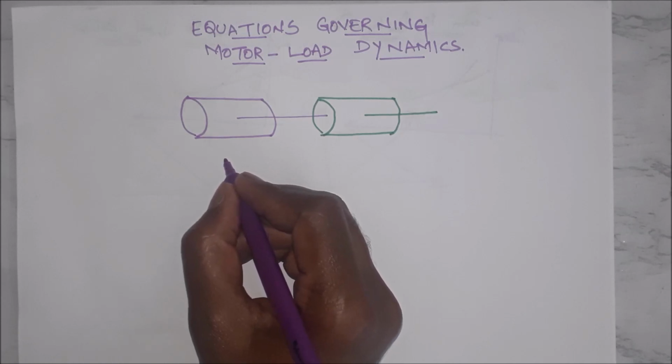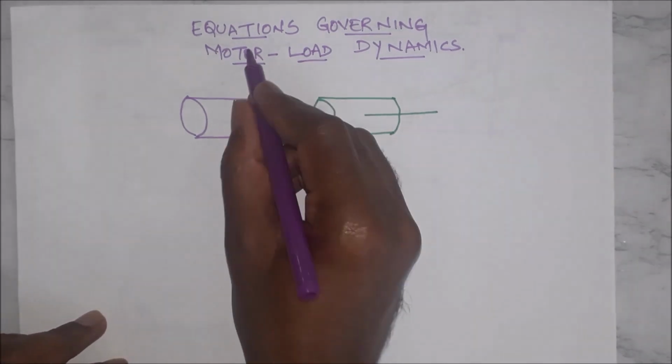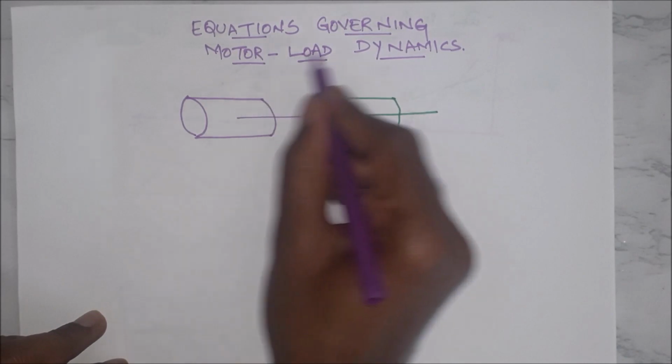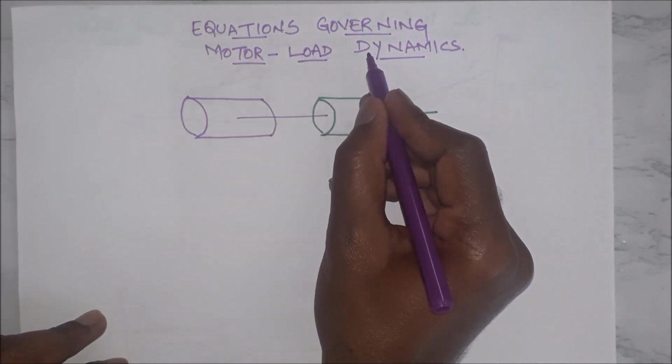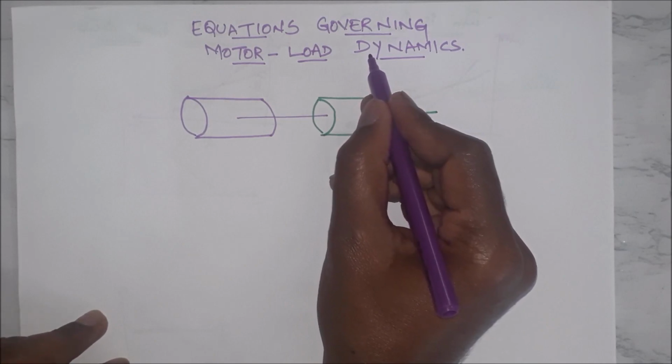In our third session, we discussed the speed control of electric drives in a cement plant so that real-time speed control in an industrial application can be understood. And in our fourth session, we are going to discuss equations governing motor load dynamics, that means motor load dynamics of an electric drive, and steady state stability of an electric drive.